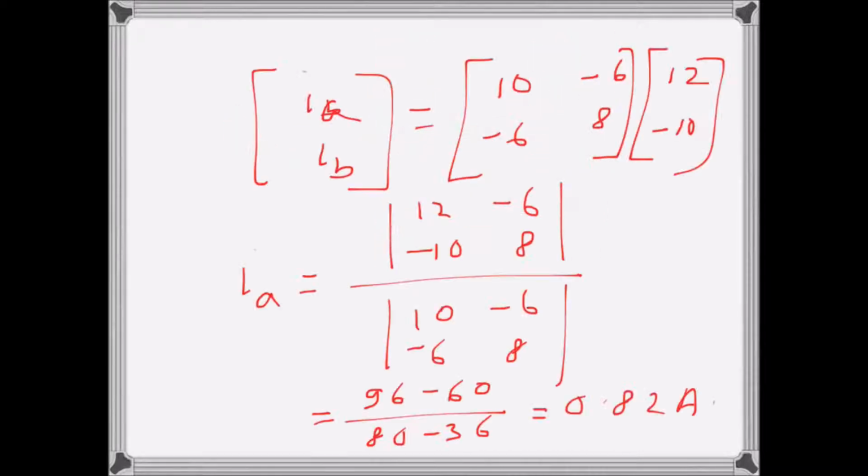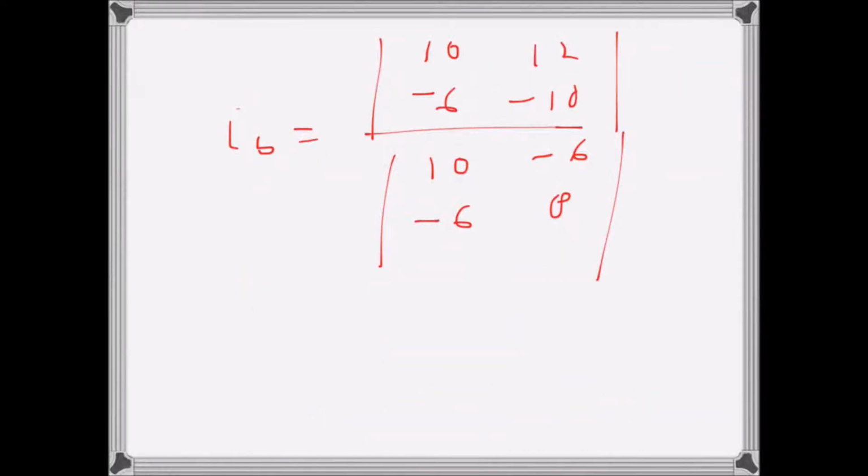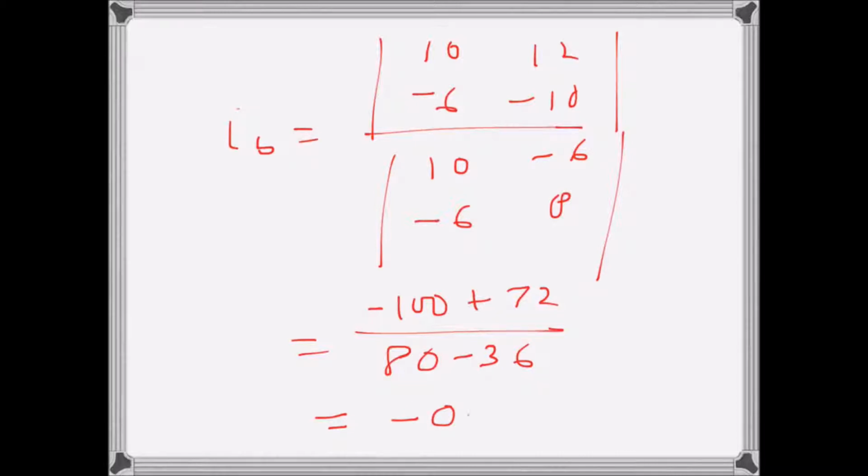So this is now becoming minus 100 plus 72 over 80 minus 36 again, so this is minus 0.64 amps for IB.